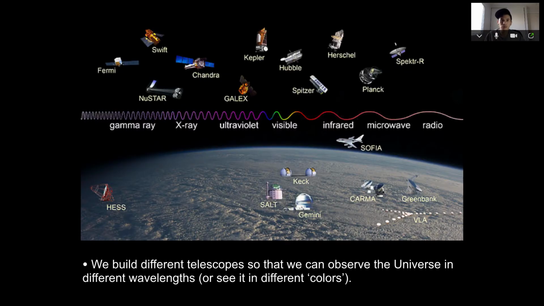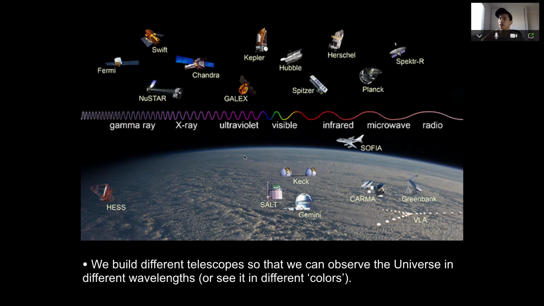Okay? So when you consider all of the different telescopes that we have, this figure shows you where they are situated. Either they're in space, on the Earth's surface, or somewhere in between. In the case of SOFIA here, it's an infrared telescope installed on an airplane that moves around.